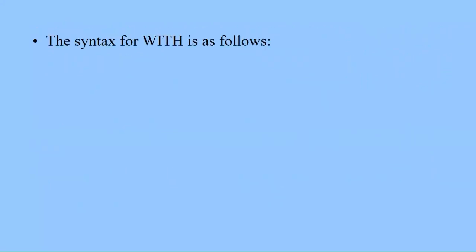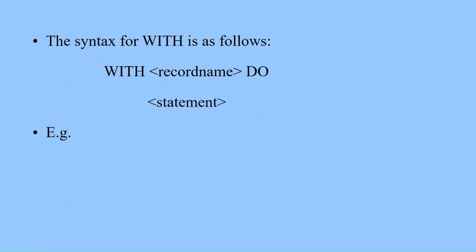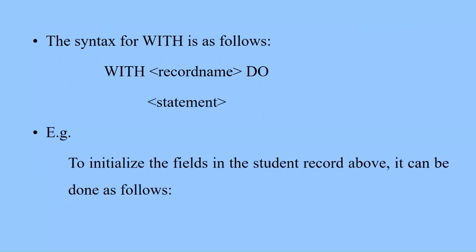The syntax for with is as follows. With record name, do statement 1, statement 2, etc. For example, to initialize the fields in the student record above, it can be done as follows. With the student details do, begin. Assign James to first name. Remember, first name is a member of the record.